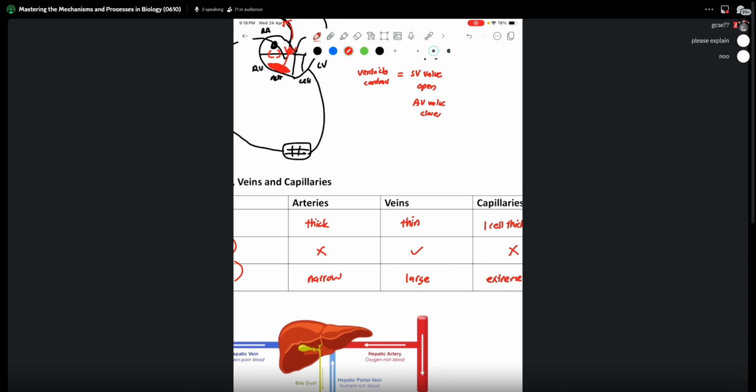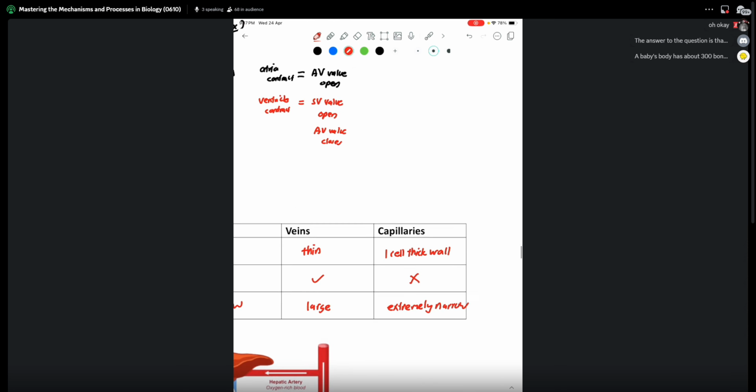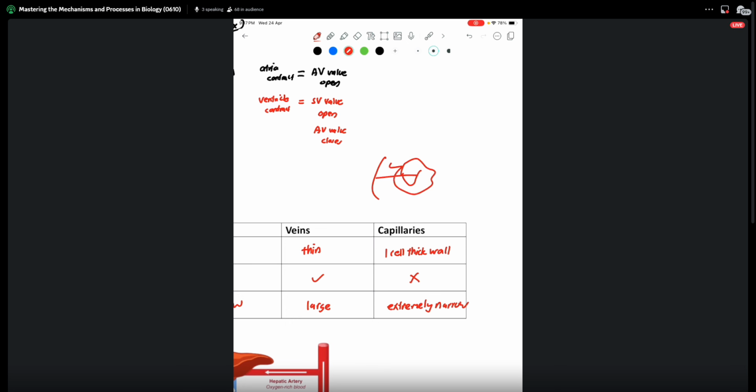There is no pressure in the veins anymore, so they do not have smooth muscles, and therefore they need a larger space so that the blood can all be sent back to the heart. The capillaries join between the arteries and veins, connecting them.